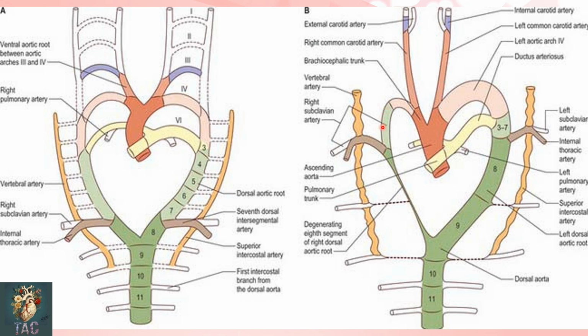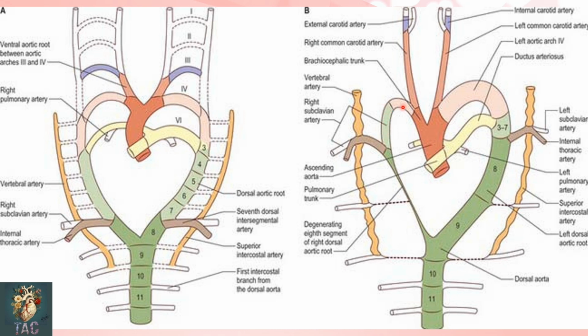These are the intersegmental areas. The 3rd to 7th intersegmental areas on the left side will contribute to the arch of aorta, will fuse later on and contribute to the left subclavian artery, and here on the right side the area of 3rd to 7th will contribute to the distal part of the right subclavian.